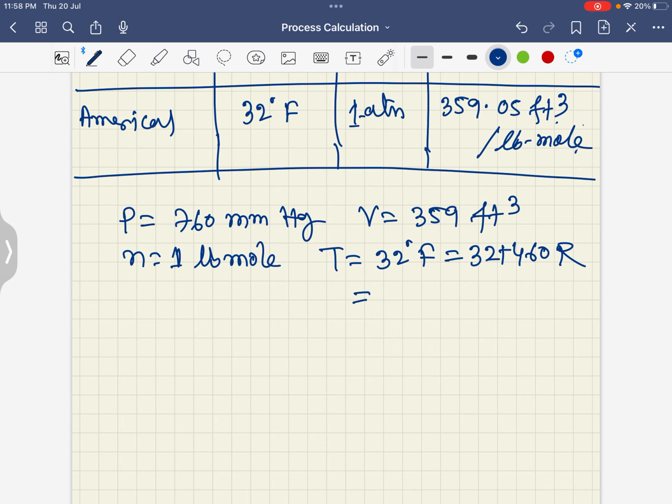So that is 492 degree Rankine. Now P is 760, V is 359 feet cube, N is 1 pound mole, T is 492 Rankine.